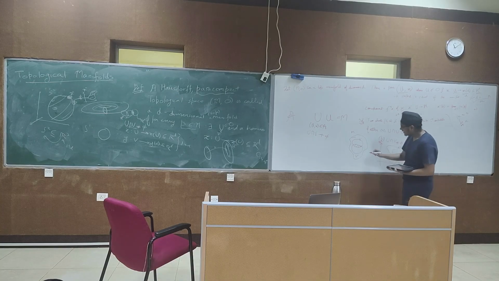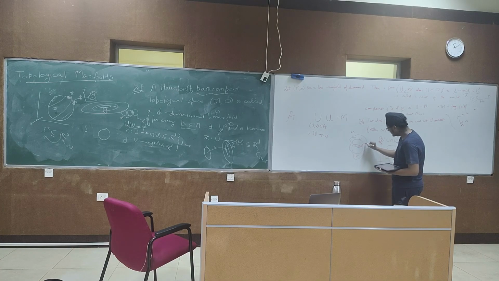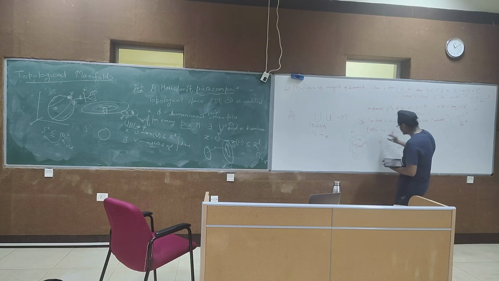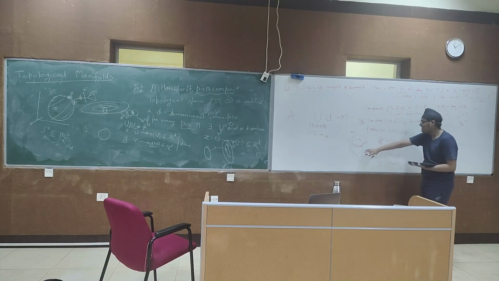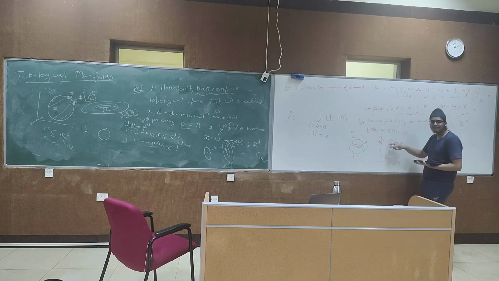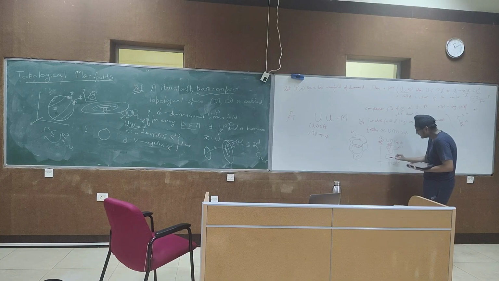And this U intersection V, when it goes through X, goes to X of U intersection V. All points in U intersection V go to here. It may not go collected together, it may go to different spots, but I don't care about that. And when it passes through Y, it goes to Y of U intersection V.